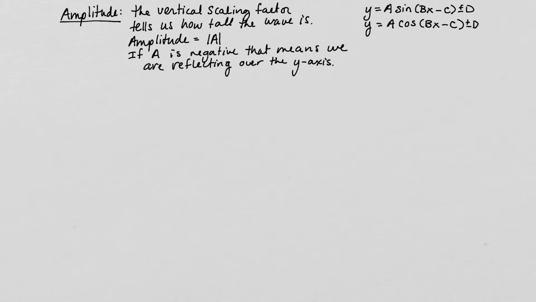Okay, so let's look at some examples, because I just kind of gave you a bunch of words. For example, sketch the graph of A, y equals 3 sine x.